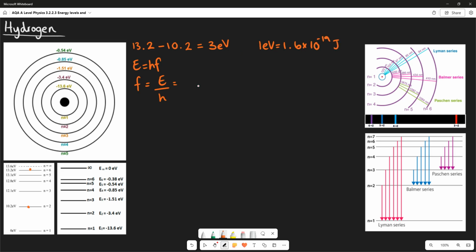So we've got 3 multiples of that. So we need to use the SI unit for energy in this calculation, otherwise it won't give us the correct answer. We can't just plug in 3 into this calculation, it'll give us an error. So we have 3 electron volts, and each electron volt is 1.6 times 10 to the minus 19 joules, divided by Planck's constant.